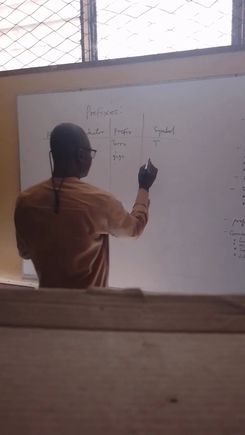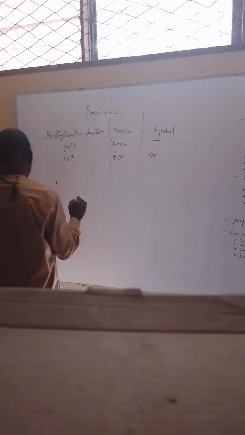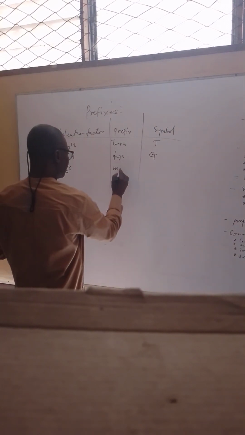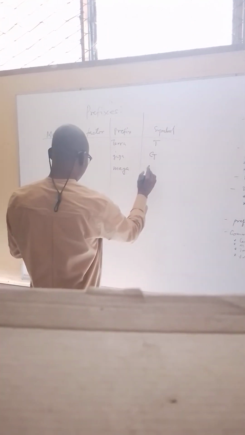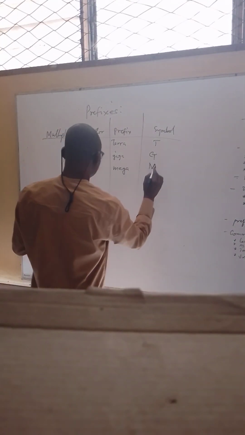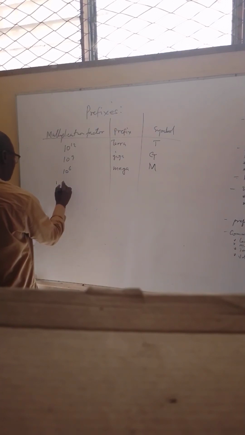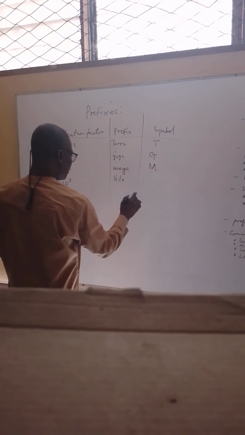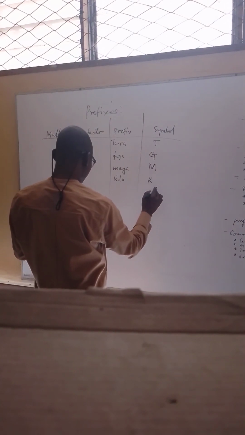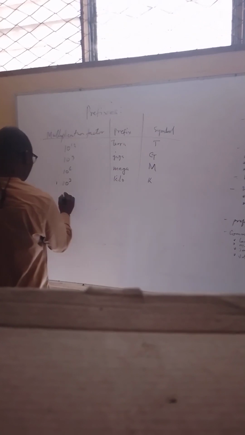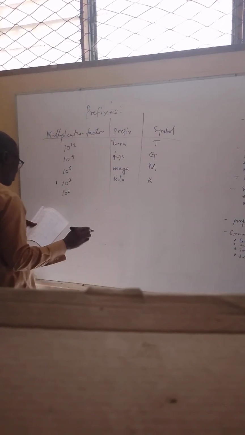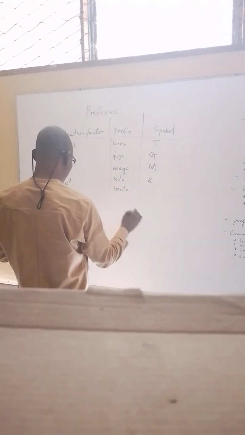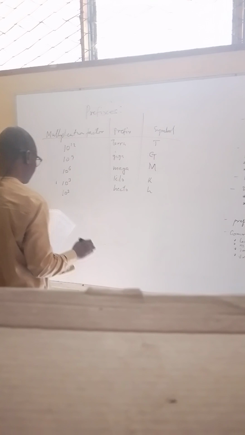You hear of gigabytes, it's capital G. And then we have 10 to power 6, which is mega, M, megabytes. And then we have 10 to power 3, which is kilo, and it's K, as in kilobyte. And then 10 to power 2 is hecto, with h as the symbol.